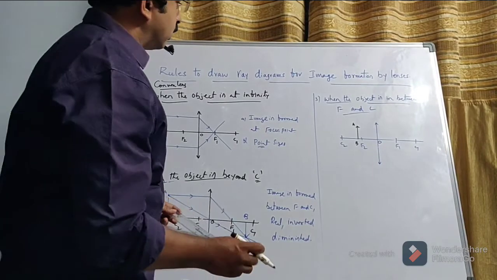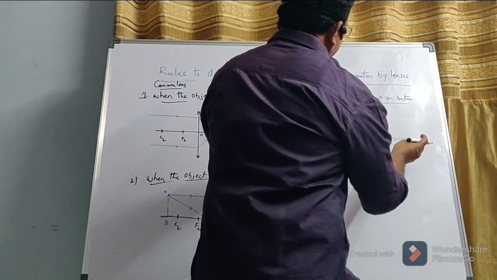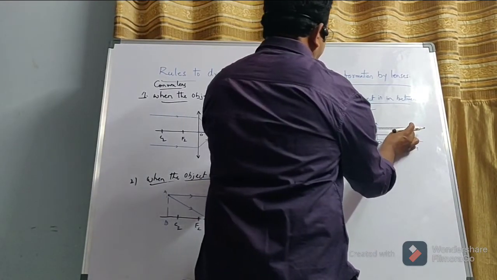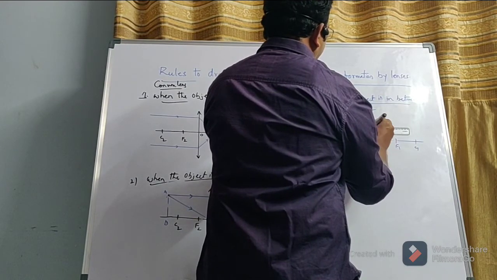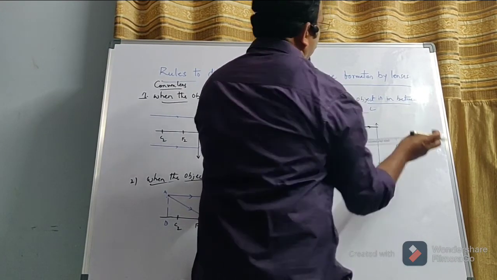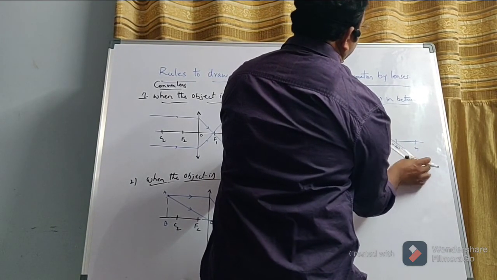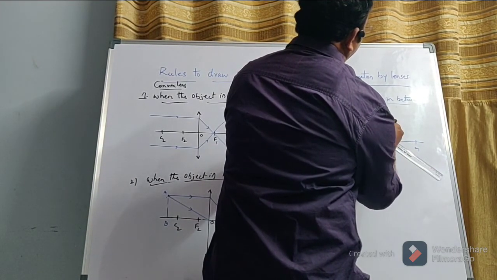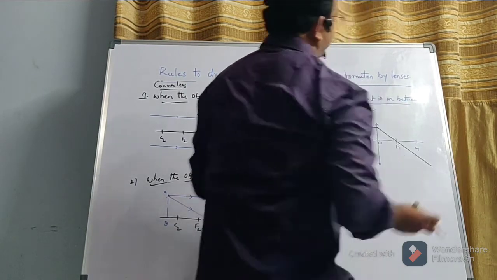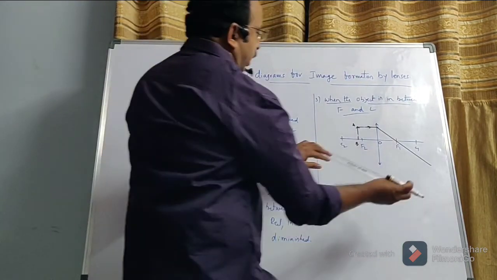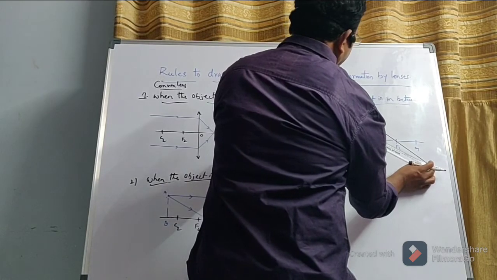So when the object is AB, again we take one light ray parallel to the principal axis. We know that parallel to the principal axis means it passes through the focus point. And another light ray passes through the optic center.